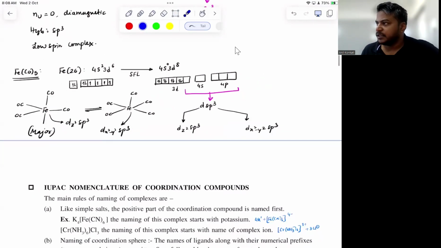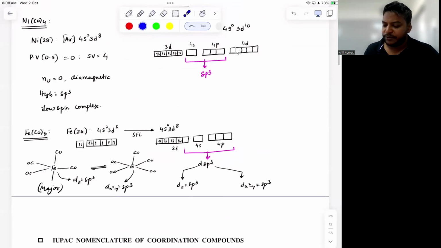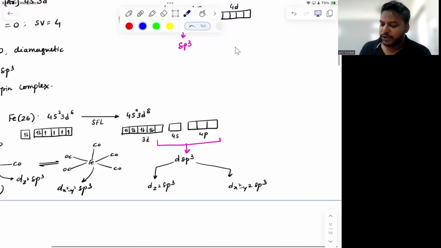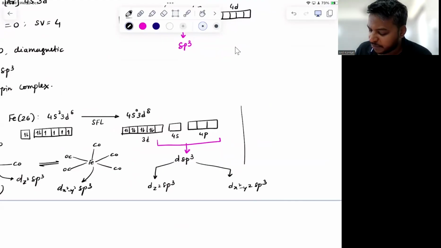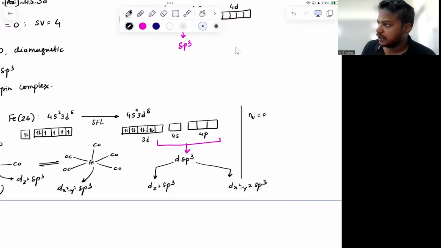So this is how you need to identify the hybridization. What are the properties now? How many unpaired electrons did we find? 0, correct? Which means the number of unpaired electrons has changed. Next, is it a high spin or low spin? Low spin complex, correct?